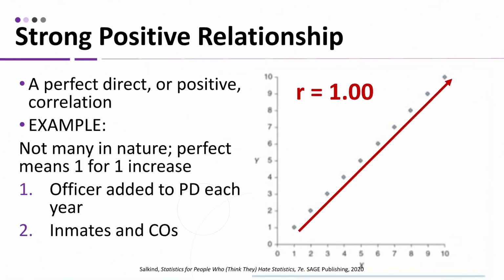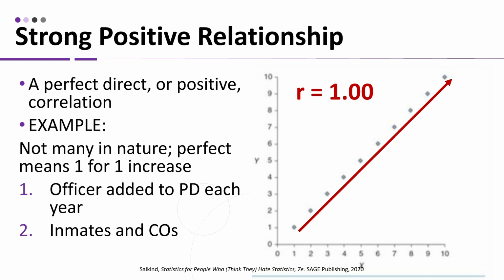This is positive. As you can see, if we look at the x-axis and the y-axis, as the x values go up, they go up with y as well. All these dots represent values. So we can see that with an x value of 2, we also have a y value of 2. With an x value of 5, we also have a y value of 5.